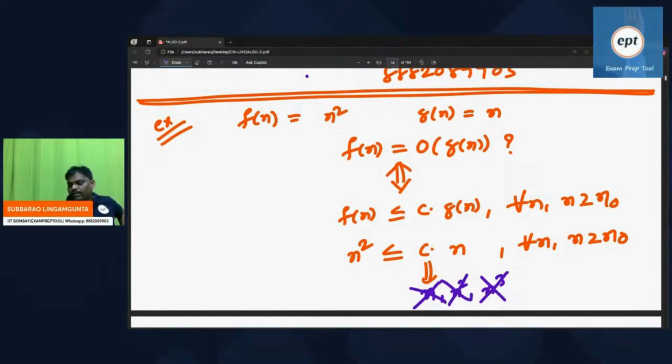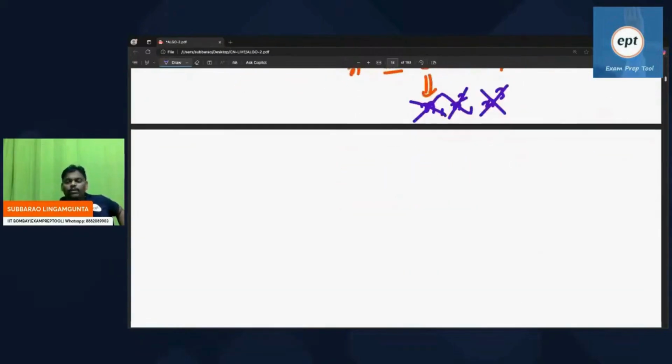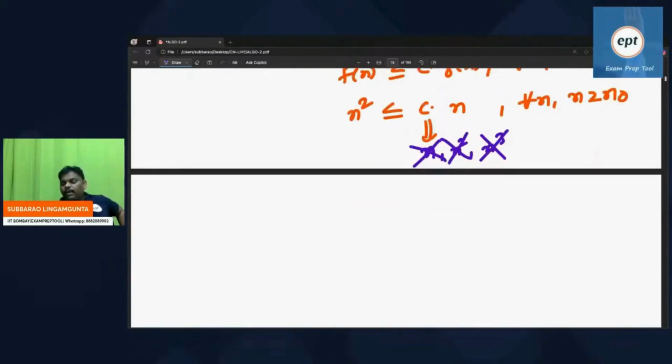If c is n, then it is a function, not a constant. Whatever you take in the c place, you cannot prove the right side bigger, because the limitation is you can take only constant help.